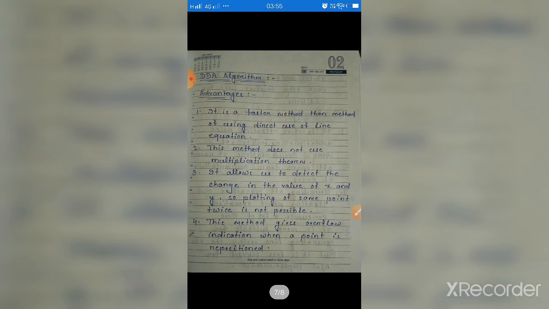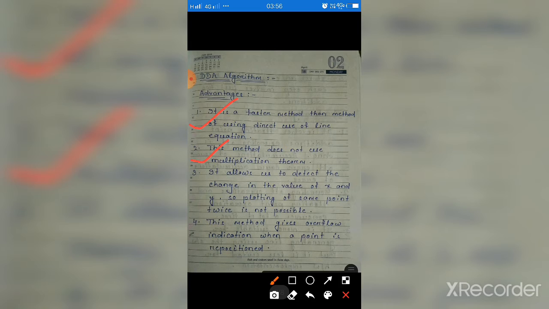It is a faster method, directly using the line equation. This method does not use multiplication, here only addition or subtraction.